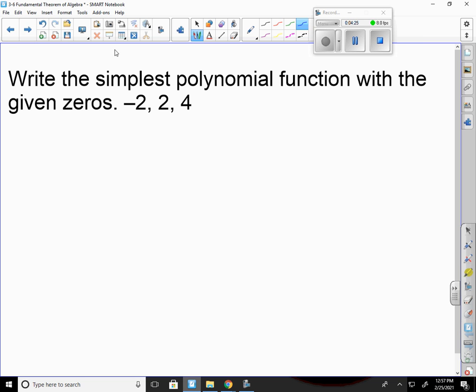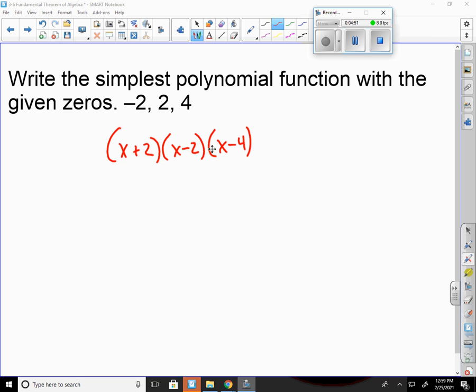I want you to try this on your own. Try to do -2, 2, and 4. So now we're going to write this: x minus -2, that's x plus 2, times x minus 2, times x minus 4. Now we start to multiply.